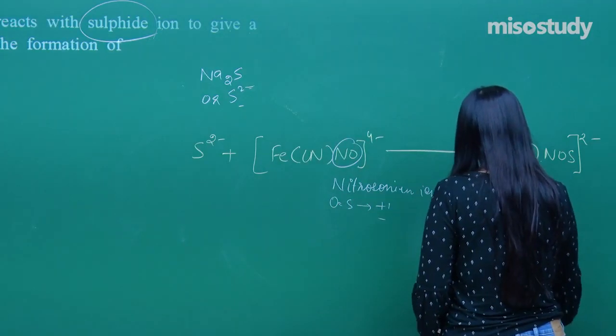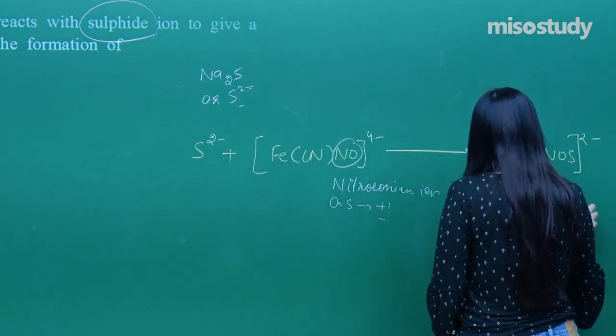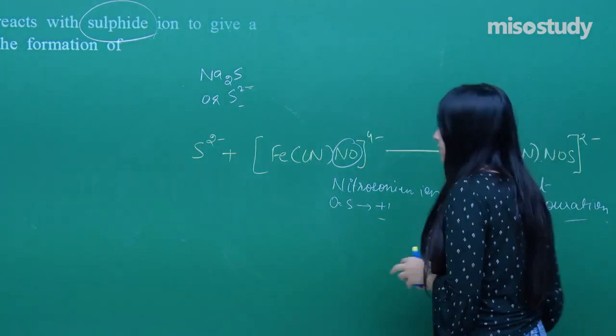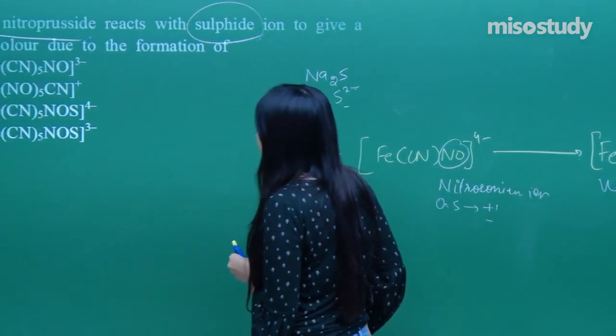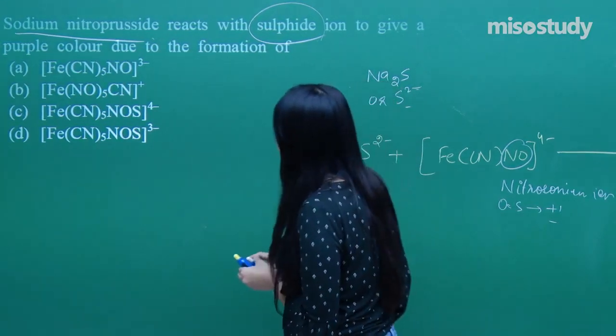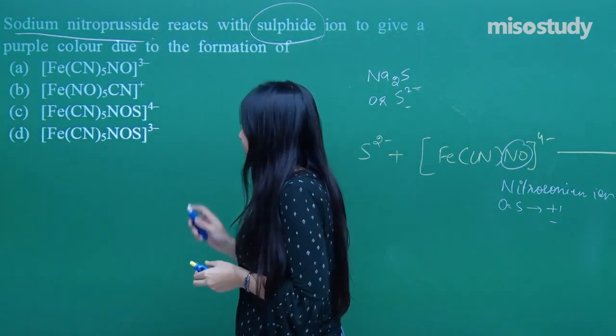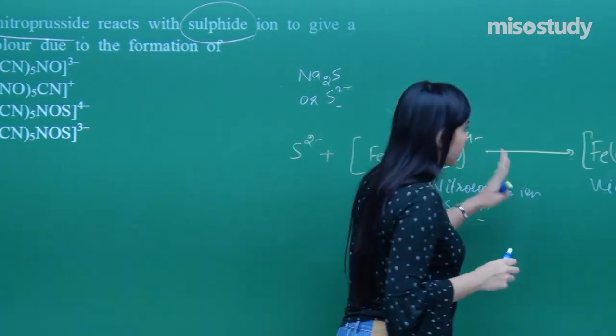So, as I told you, you need to have a proper knowledge about all the kinds of reactions happening over here. So, what is the option? What do we get as an option? Okay, right, let me just have a correction over here.